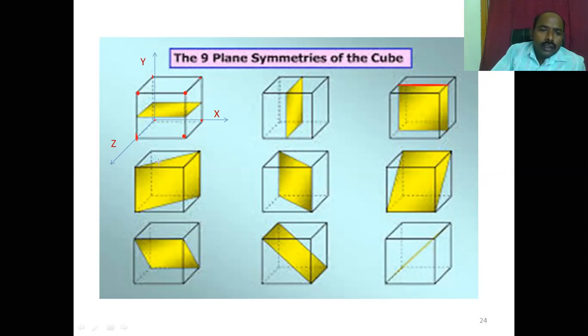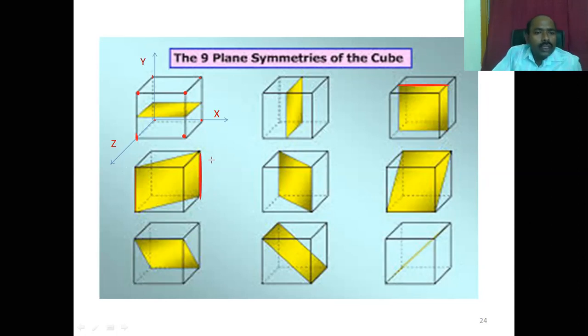Here in this case, the plane is passing through edges. All these six are similar. This plane is passing through opposite edges.